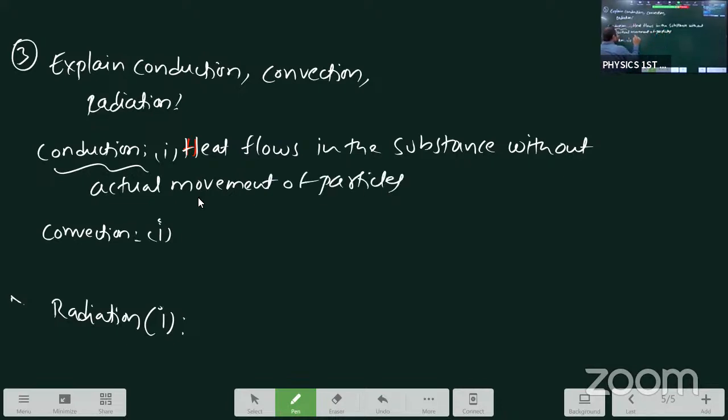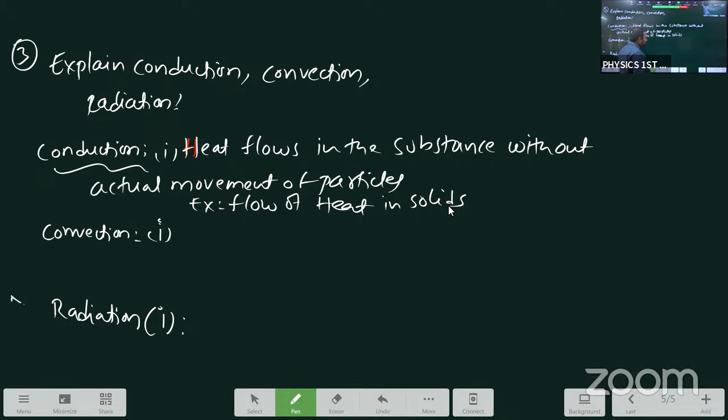So, students, example: flow of heat in solids. Flow of heat in solids belongs to thermal conduction. Without actual movement, that is the most important word.